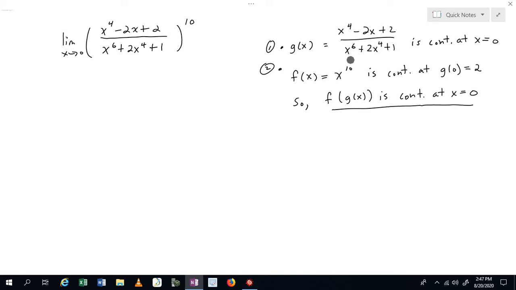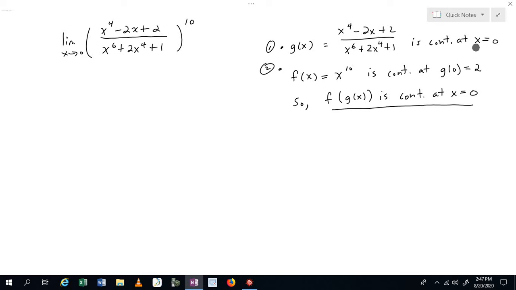This is always positive for any x value that you plug in, and you know that because these are even powers. So any number you plug into here will generate a positive number, and then you're going to add 1 to it. So you'll never get 0 here on the bottom, no matter what x value you pick. So this function is continuous everywhere.